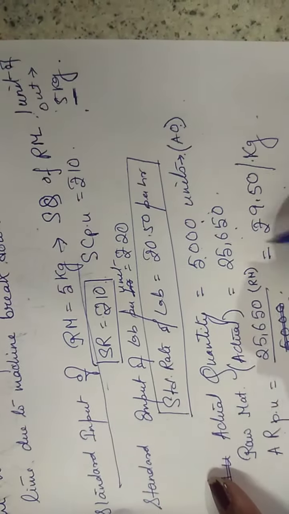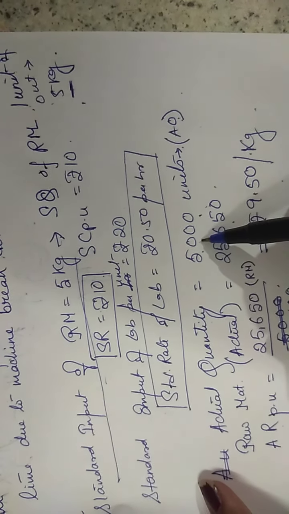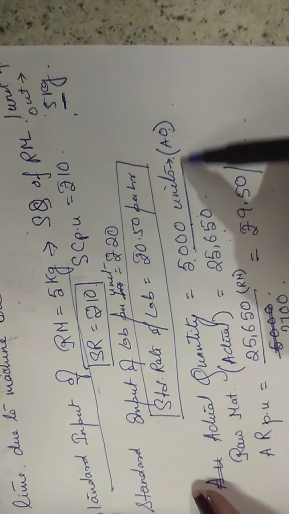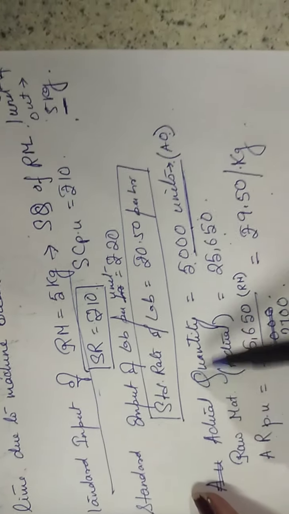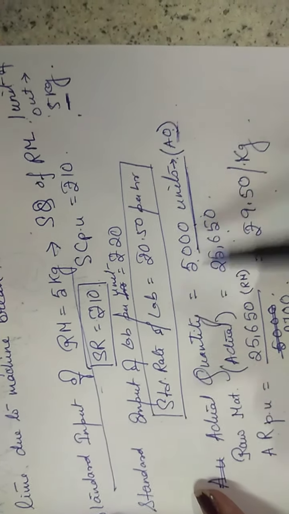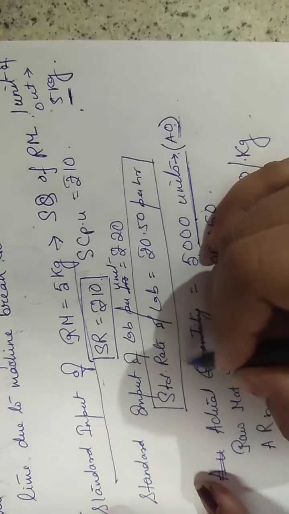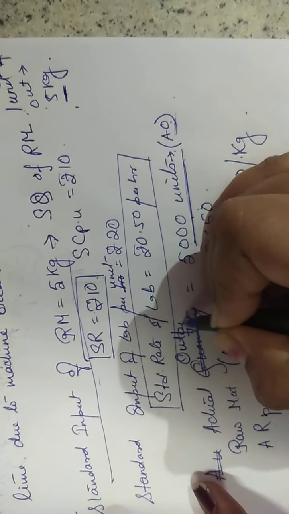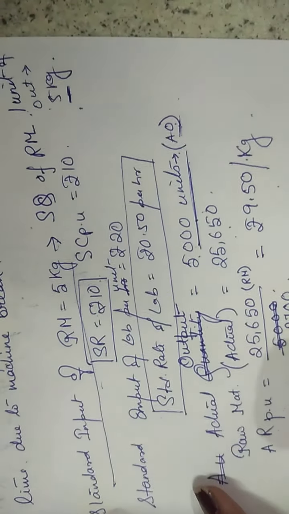If I require 5 kg for 1 unit of output, then for the actual output, it's better to avoid writing quantity, I'll write output or you'll get confused. Actual output is 5,000 units.